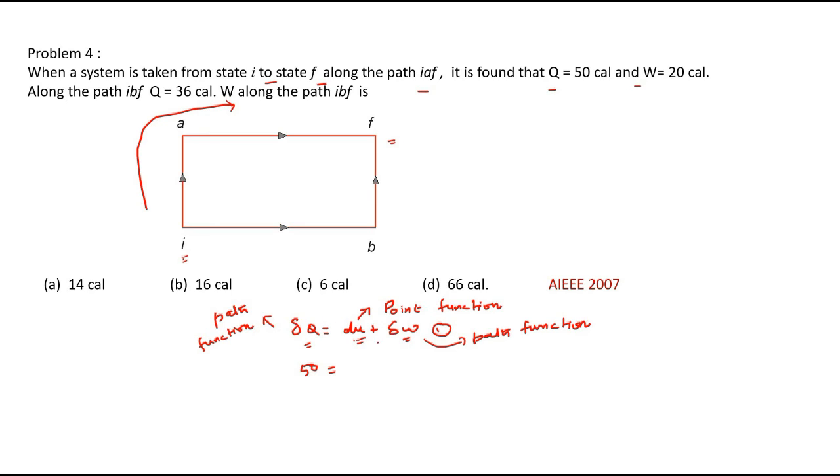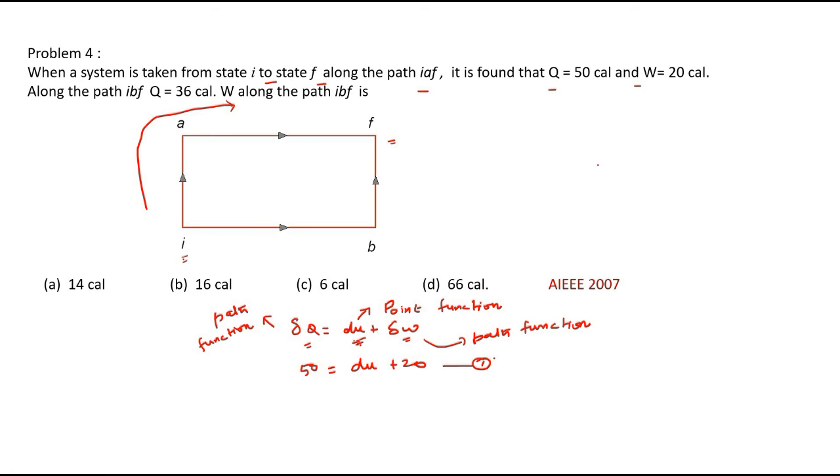This dU is a point function, meaning in whichever path you go, the change in internal energy would be the same. That you should apply here. Delta Q in the first set of data is 50, delta W is 20, and dU is not given. Consider this as equation 1.